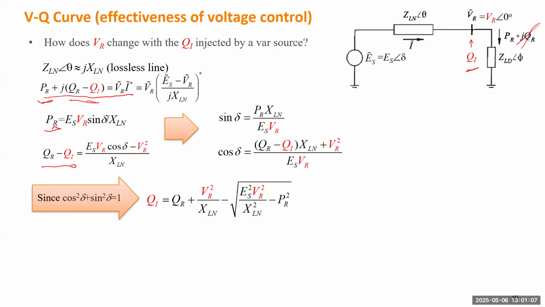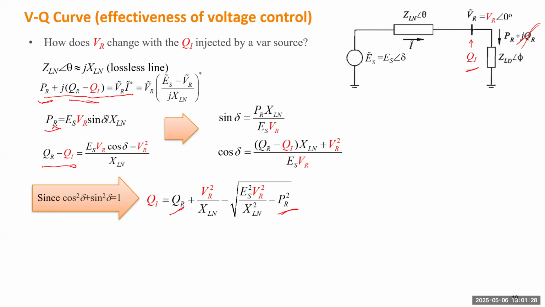To make this equation more useful, we want to specify the active power, which means when we study the control for this system, we don't want the active power PR to change. So we want to make PR fixed. Because PR is fixed, if the power factor is also constant, QR is also fixed.